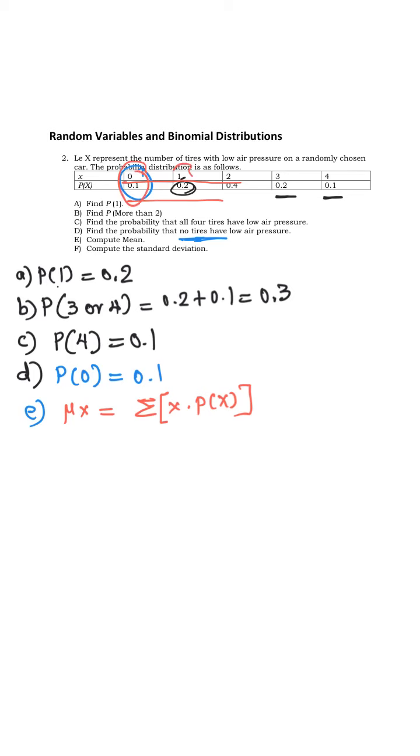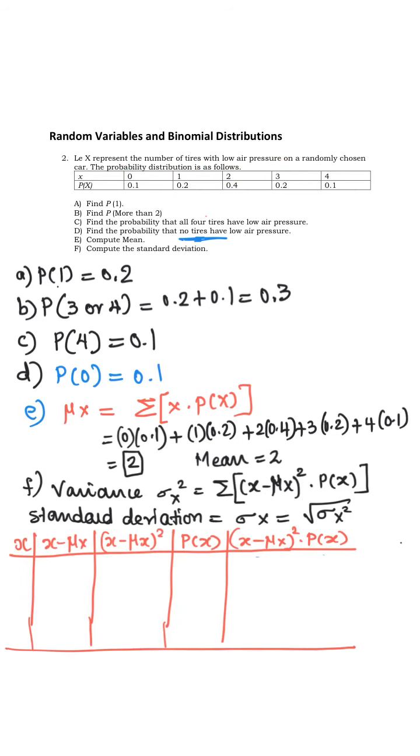So multiply each one and add. Variance is sigma x square, standard deviation is square root of that. So first make a table, and here x is 0, 1, 2, 3, 4. Then write down the corresponding probability.